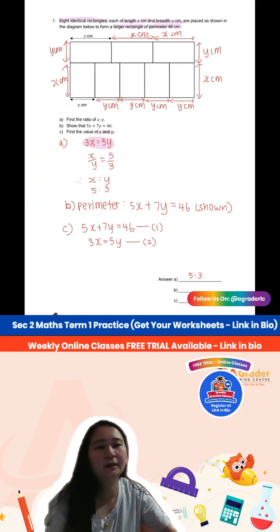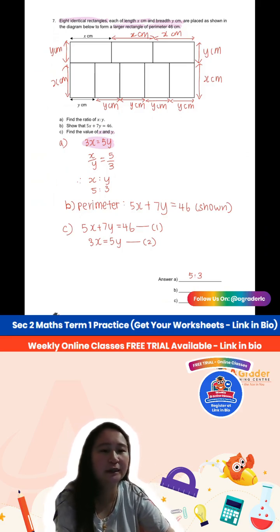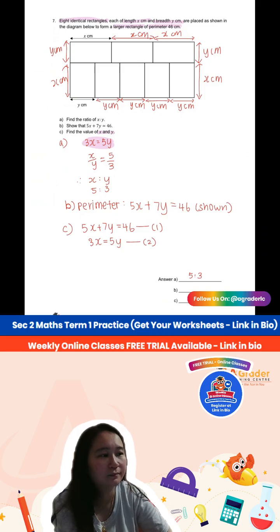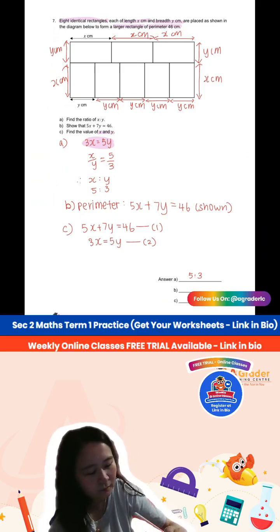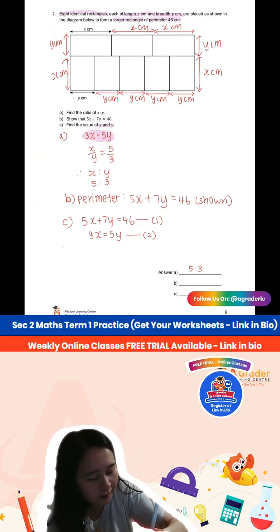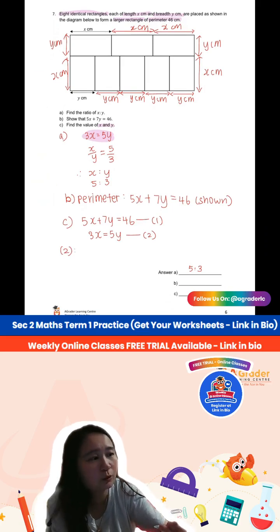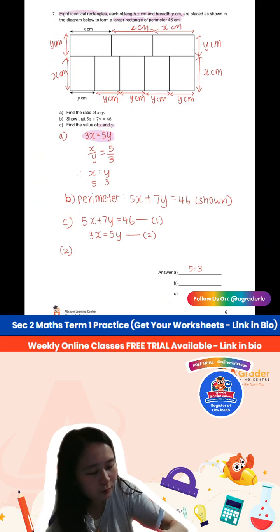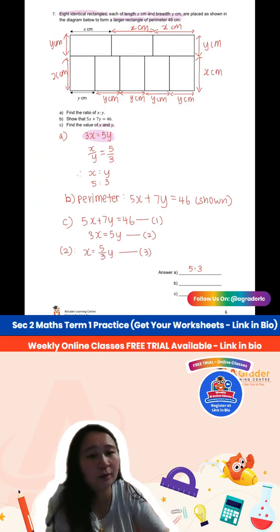Okay, same thing, you can solve simultaneous equations using the elimination method or substitution method. So what we can do from here, we can rearrange our equation number 2. So from 2, x equals 5 over 3y. We make this our equation number 3.